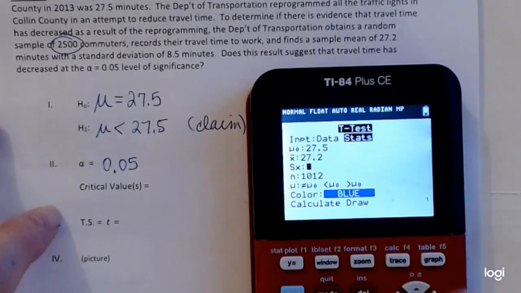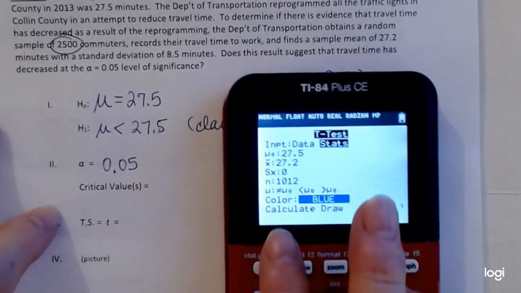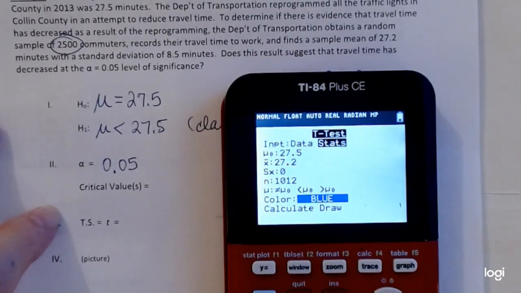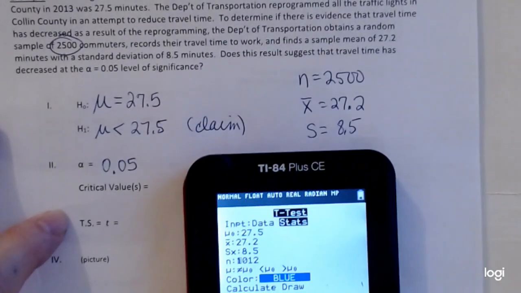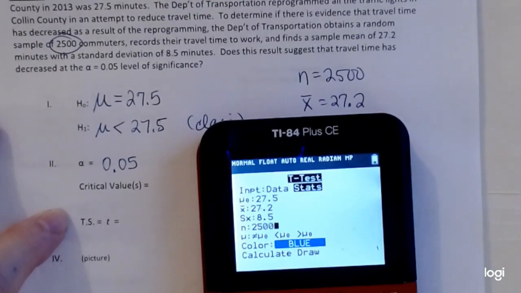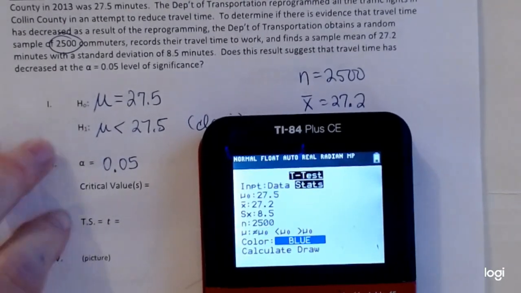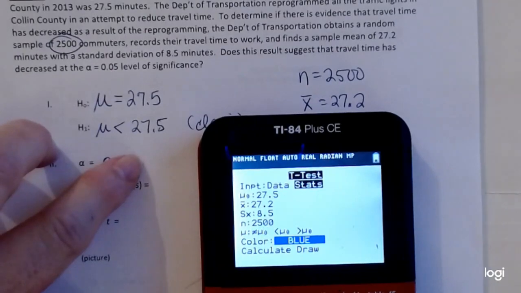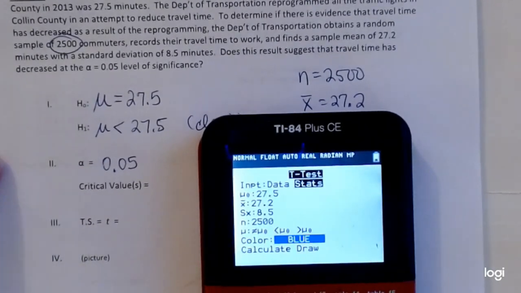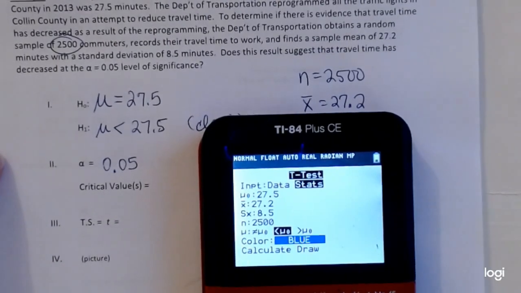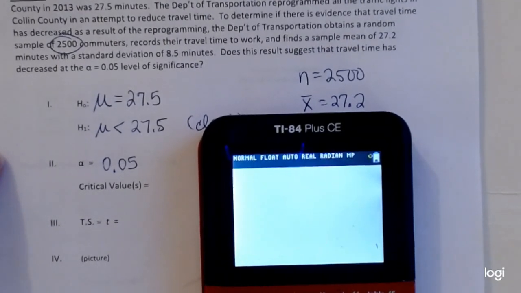The standard deviation, 8.5. N is 2500. And we're looking at a left tail because we're saying is there evidence that it's less than 27.5, so that's a left tail test. And we're going to go ahead and calculate.